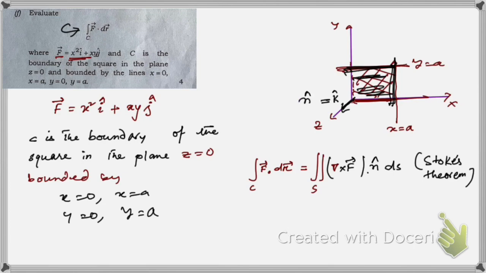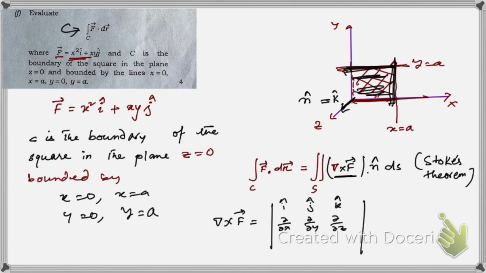So first let me evaluate this del cross f. Curl of f means, here i cap, j cap, k cap, then del x, del y, and del z, right?